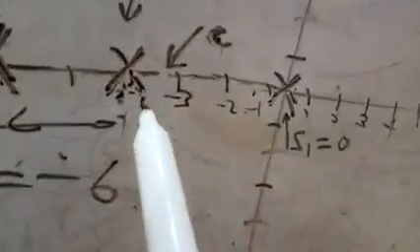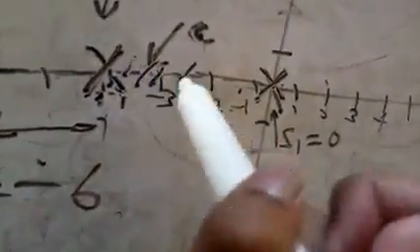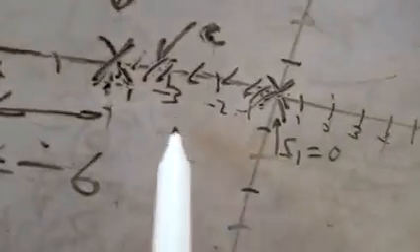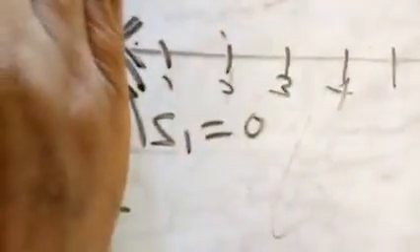Your root locus exists between minus 4 to 0. Next, at 0, the number of poles and zeros is 0, so it is an even number. So your root locus does not exist from S equal to 0 to plus infinity. So this is the existence of root locus.